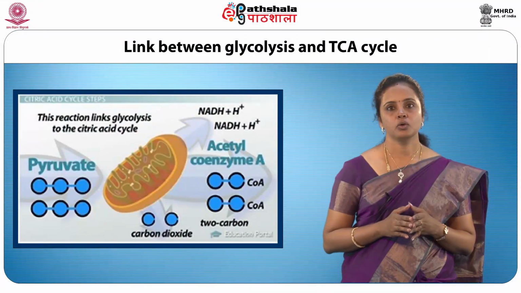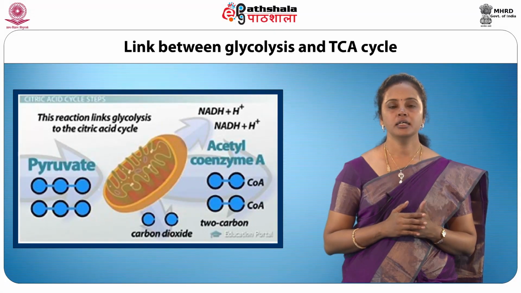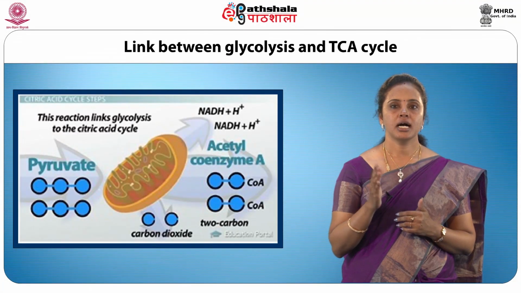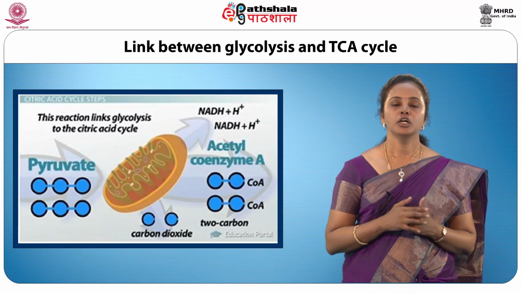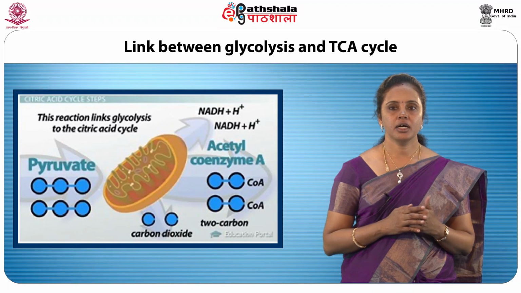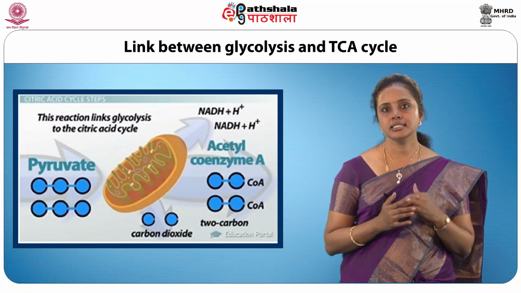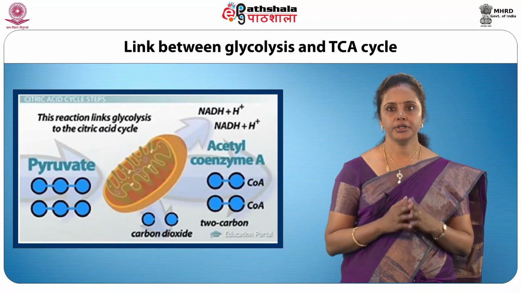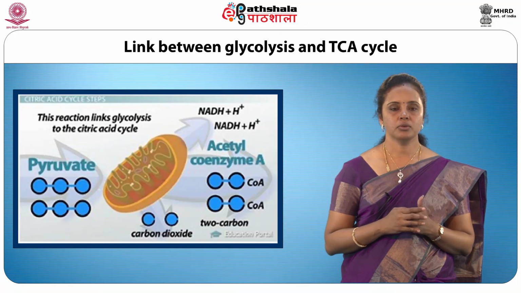Each pyruvate which is produced in the cytoplasm enters the mitochondria to be converted into acetyl coenzyme A. Remember that two pyruvates are created from one cycle of glycolysis, meaning two acetyl-CoA molecules are produced. Acetyl-CoA is a 2-carbon molecule.